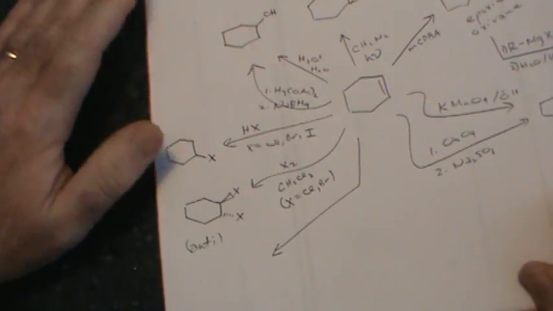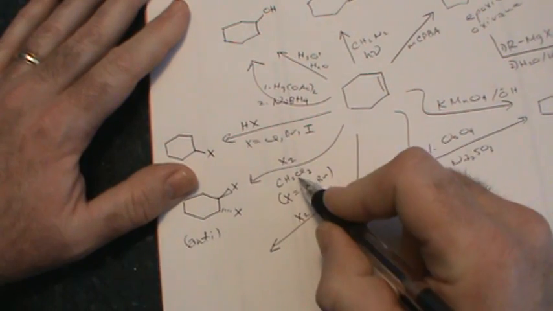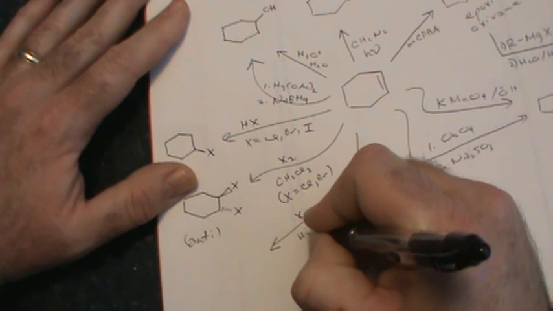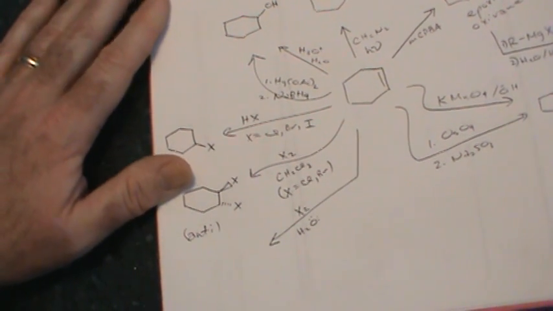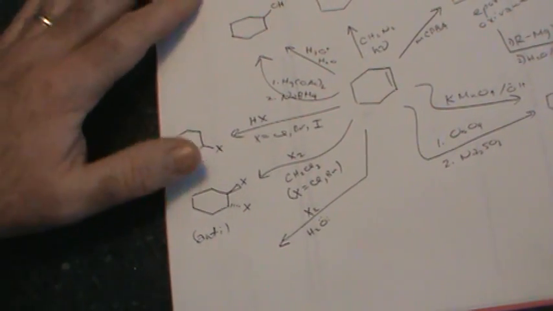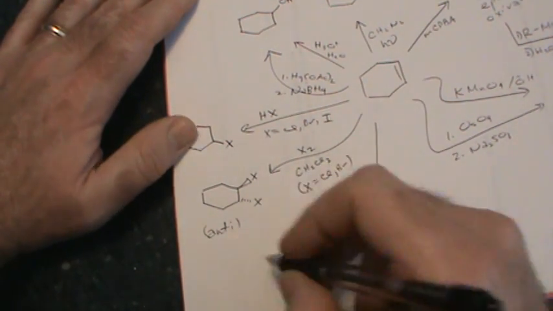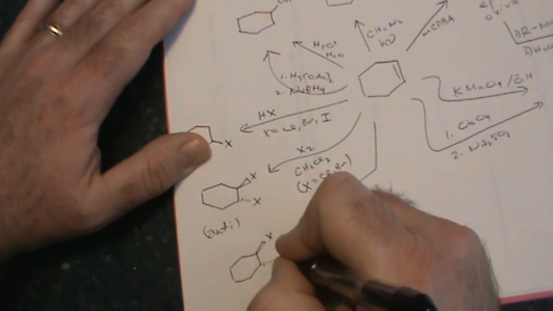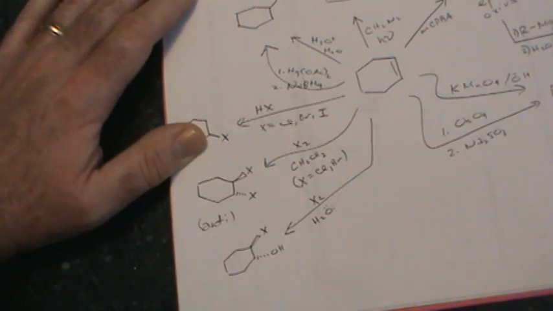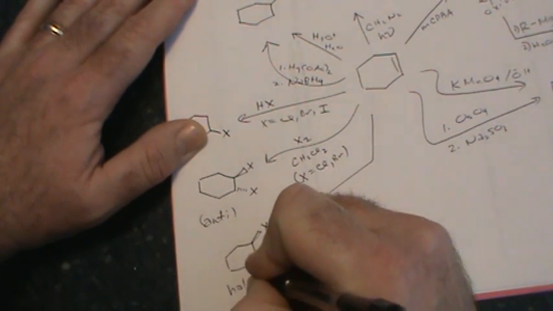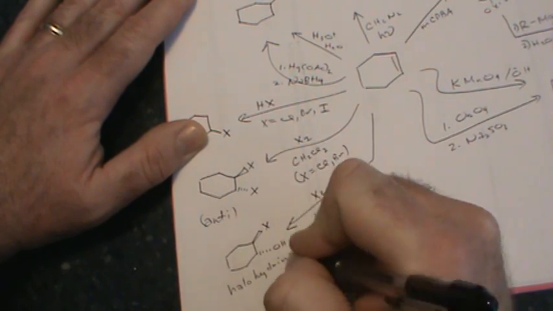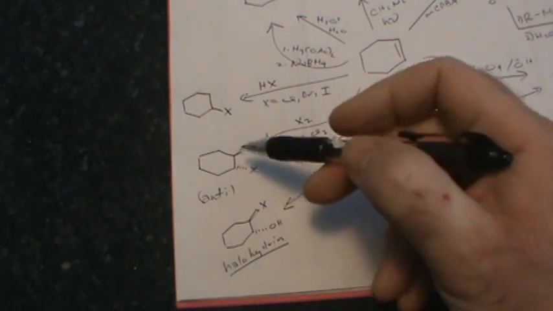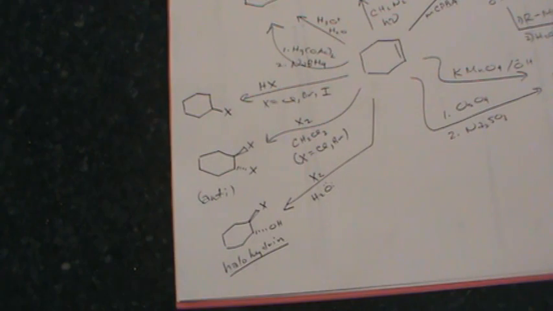So if I try to run the exact same reaction, except that I switch up my solvent from one that is inert or unreactive, like methylene chloride, to one that is nucleophilic, like water, that water will trap the intermediate halonium ion, and instead of forming this anti-vicinal dihalide, I will form a halohydrin. Still anti, just like the addition of the halide was.